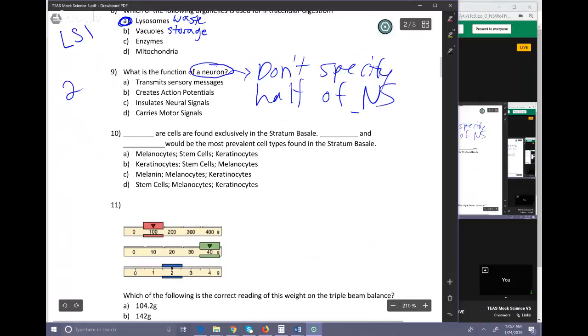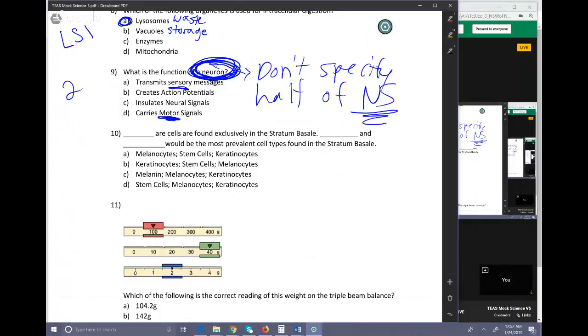If you pick any neuron at random in the body, we need a definition that goes with any random neuron. So it can't say sensory and it can't say motor, because then that's a very specific neuron and it would have had to have specified that. So in this case, our answer is B.